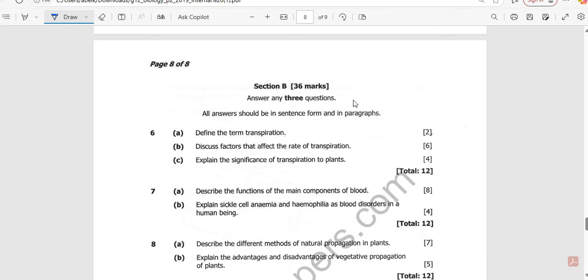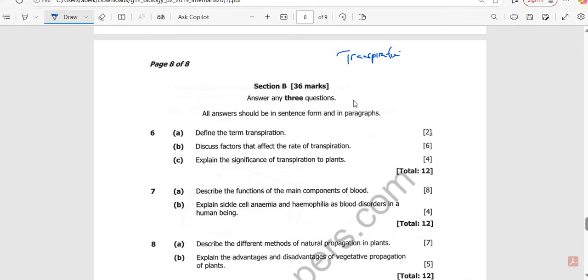So we're looking at define the term transpiration. I would define transpiration according to the number of marks given.